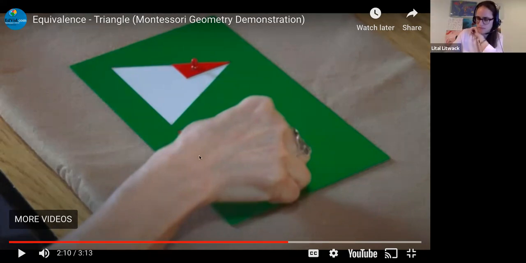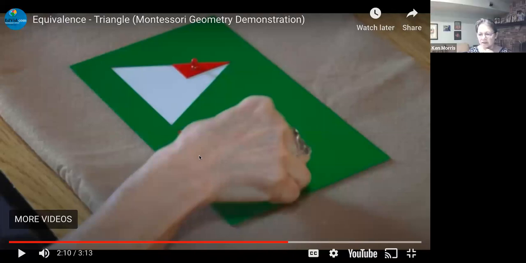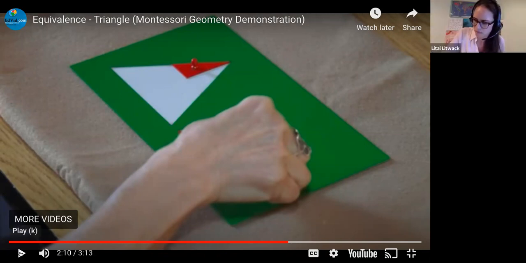So area of the rectangle is length times width. So we can make that substitution, right? And then we're going to make the connection that the height of the triangle is actually twice the height of the rectangle, or twice the length, right? Twice the length. So let's keep going and see how she does it.